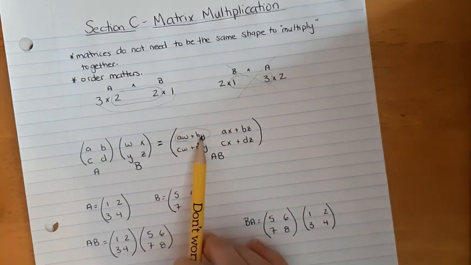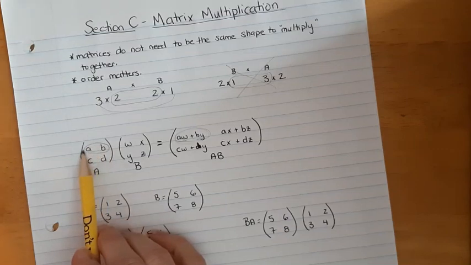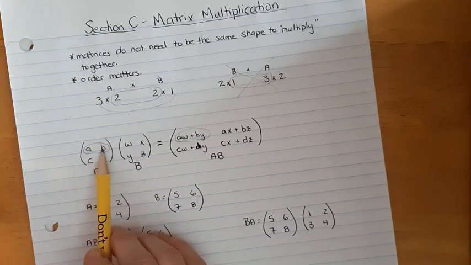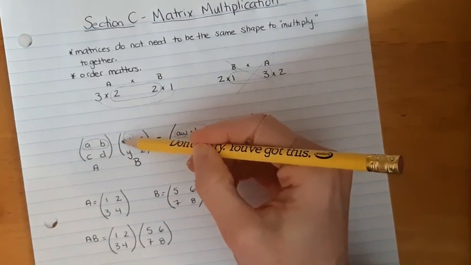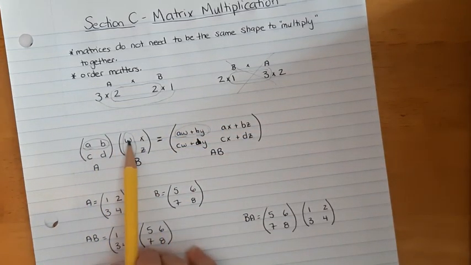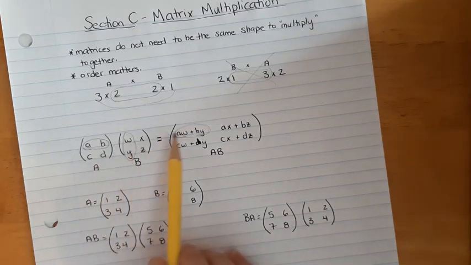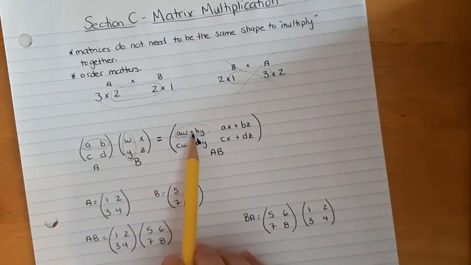So in order to generate this number, we are going to multiply together row 1 of the first matrix, a b, by column 1 of the second matrix. So we're going to go a times w plus b times y. And that's going to give us the element in row 1, column 1.